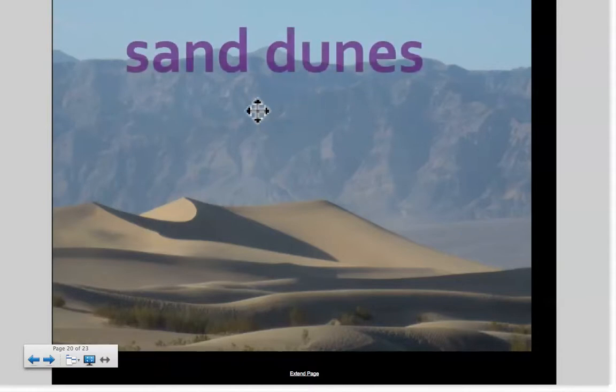Sand dunes is common. It's a common noun. There are sand dunes in Michigan, sand dunes in Oregon, sand dunes in Colorado. Lots of different sand dunes. If I gave you the name the Great Sand Dunes, that's capitalized. That's the sand dunes in Colorado.